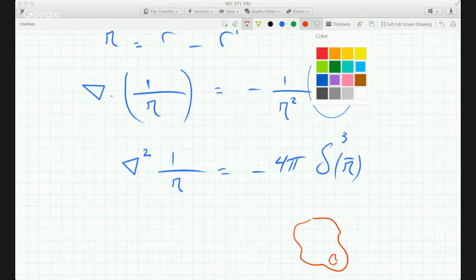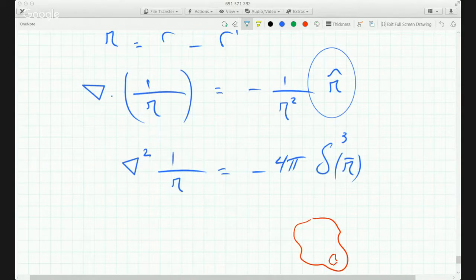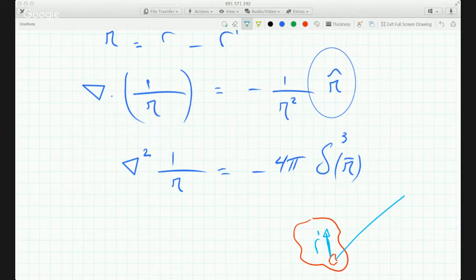Let's say the origin is here, and from here to here is r prime. And let's say we want to calculate the field at this point.